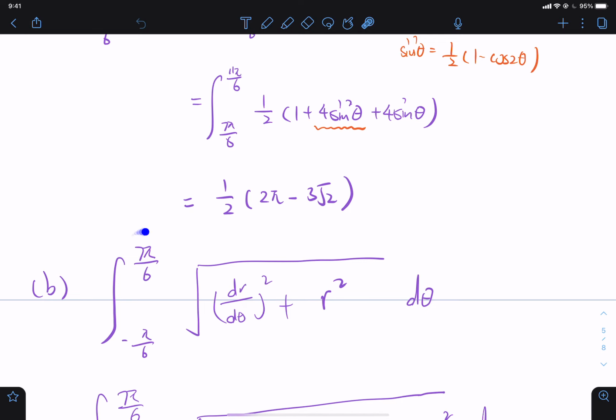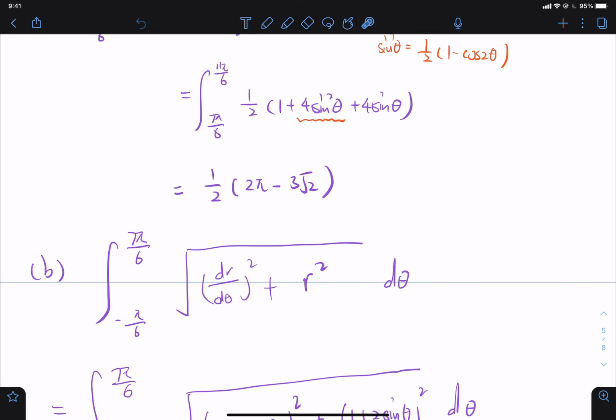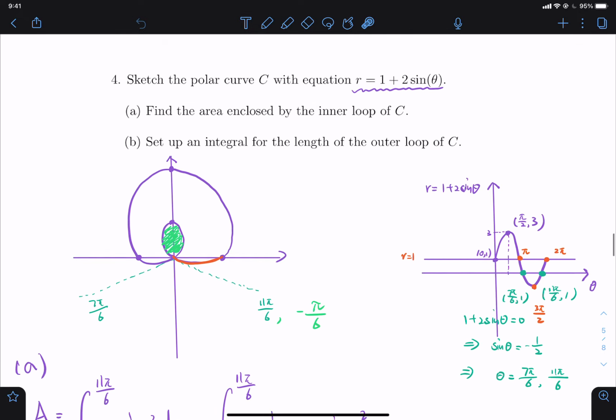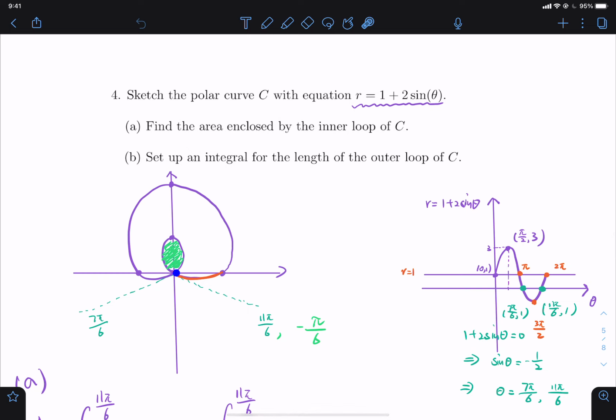And this is also up to you to choose the period. If you don't like choosing negative pi over 6, you can go from here. Here is the ending point of the inner loop, that is 11 pi over 6, right? So you can start at 11 pi over 6 if you like, but the point you end at is in the next period, which is here, that is 2 pi plus 7 pi over 6.